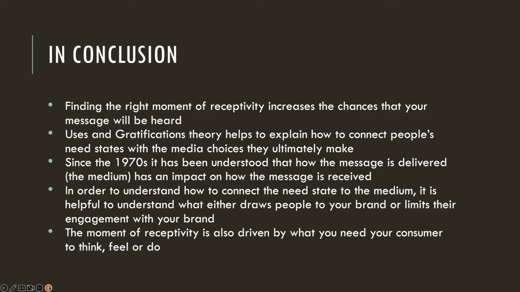When we talk about uses and gratifications, it helps to think about how we make choices, right? How and why we use the content we do. The medium is the message being also a big part of that. So, to go back to week one with the idea that how it's conveyed, where that message exists, is going to impact how we receive it.